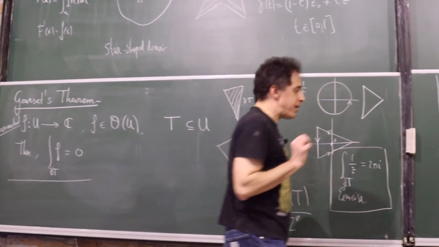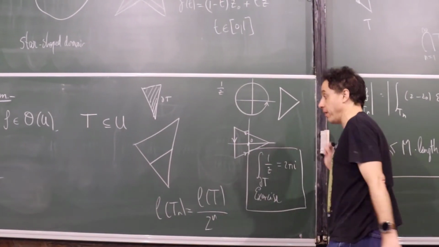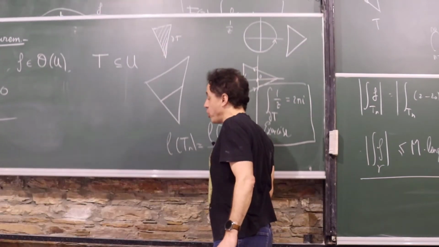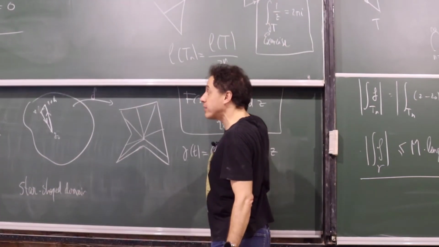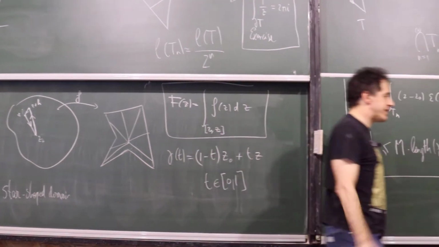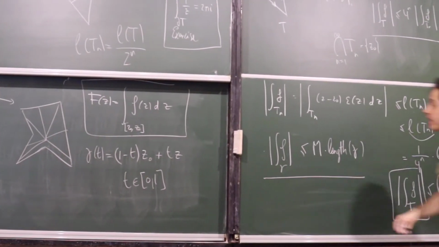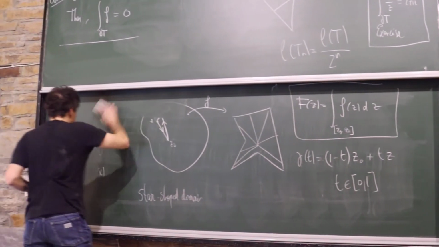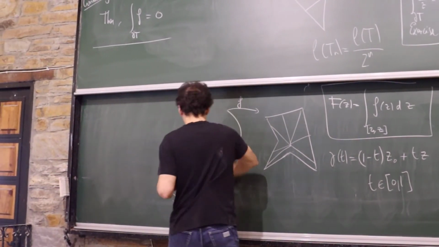There is a slightly more general version of Goursat's theorem that we will need at some moment, that says the following thing. We don't need exactly that the function be holomorphic everywhere.